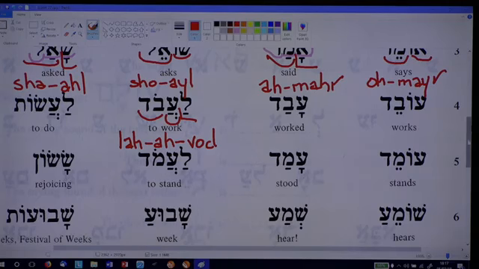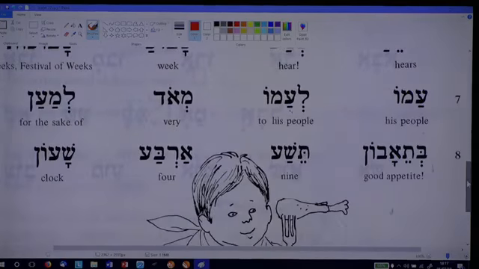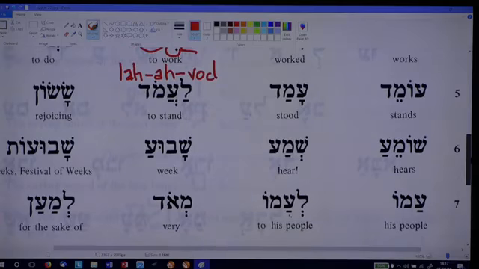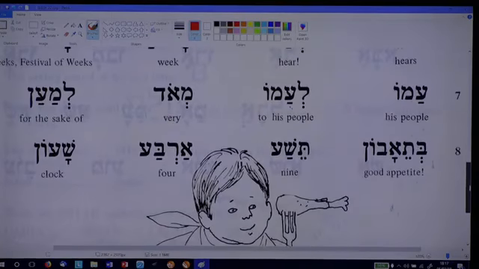Moving right along down here to line 7. Let's do this first. Must have had that one before.